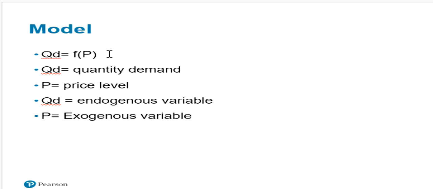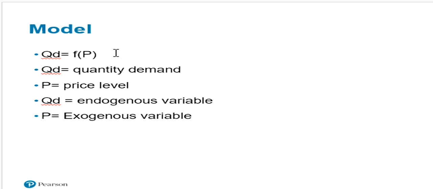We are saying that there is a relationship between quantity demand and price. Whenever price increases, we will demand less of that product. But in the real world, our demand decision does not depend only on price. There are a lot of other factors affecting our demand, for example our income, taste, weather condition, fashion. These all affect our demand as well.